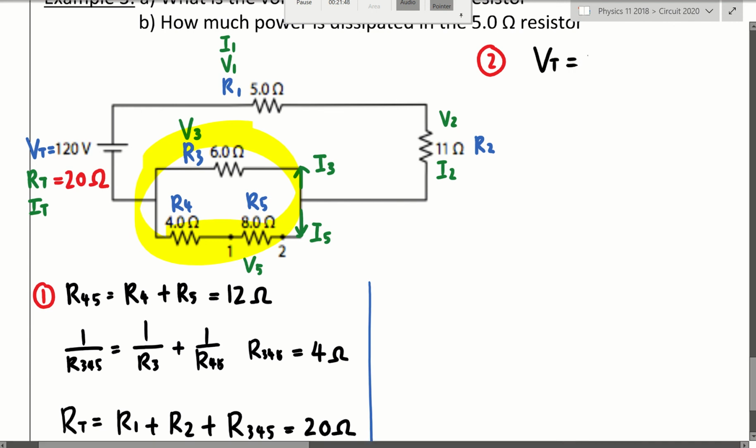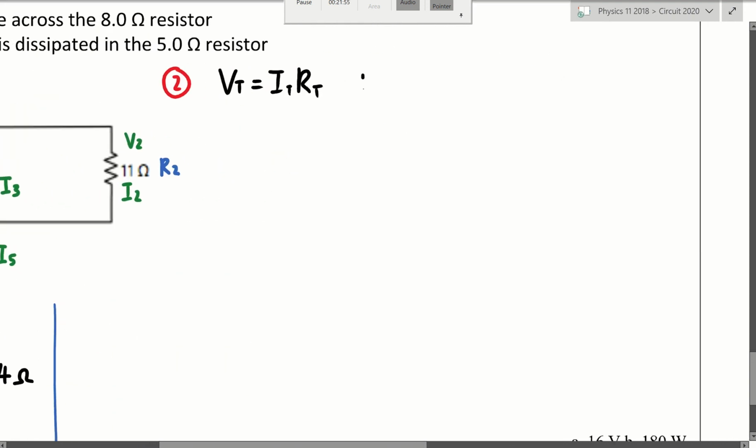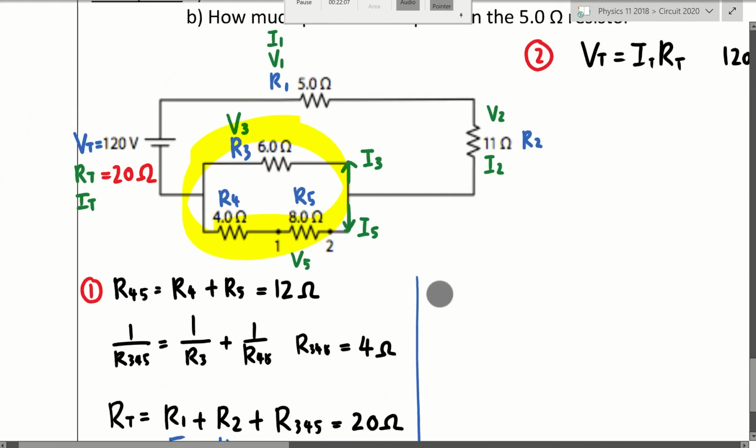V equals IR. In this case, they are totals. So voltage is 120. 120 volts equals I total times total resistance, which is 20. So I total must be 6 amps. I total is done, 6 amps.